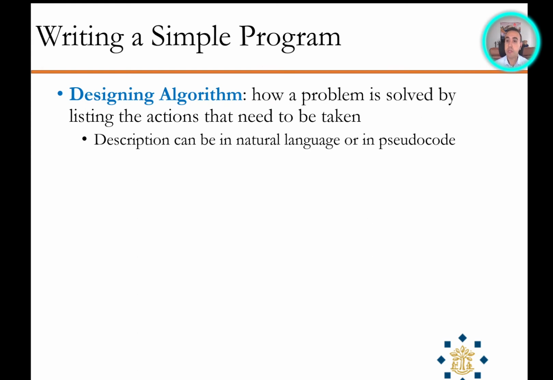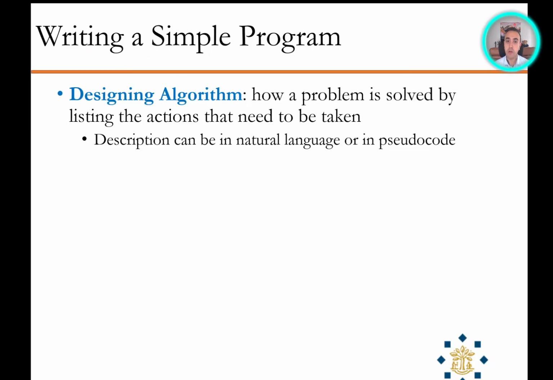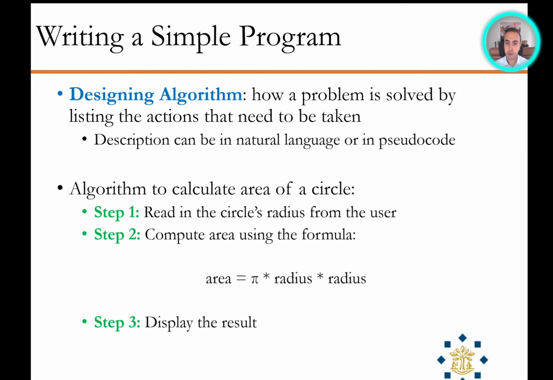It can be in pseudocode or in our natural language. So this is what we did here. This is our algorithm. We first have step 1, reading in the radius, and then we'll calculate and print the area of the circle. We designed the program.